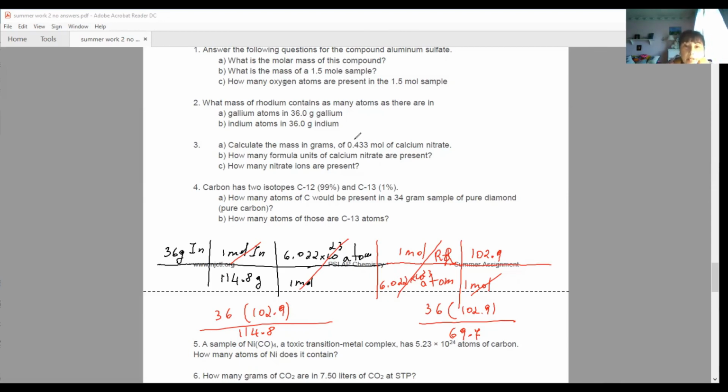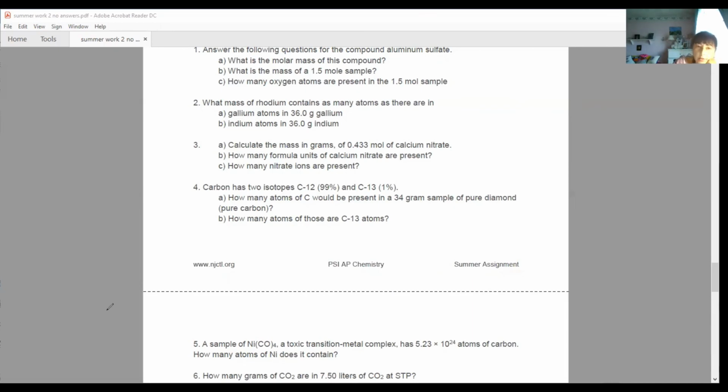Then calculate the mass in grams of this many moles of calcium nitrate. Calcium nitrate is Ca(NO3)2, and you need 2 of those NO3. So what is the mass in grams of the whole mole? You have to do 40.1 plus 2 times 14, which is 28, plus 6 times 16.